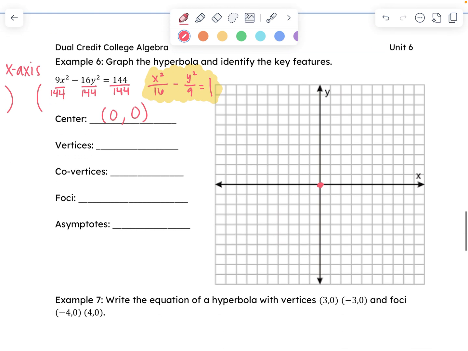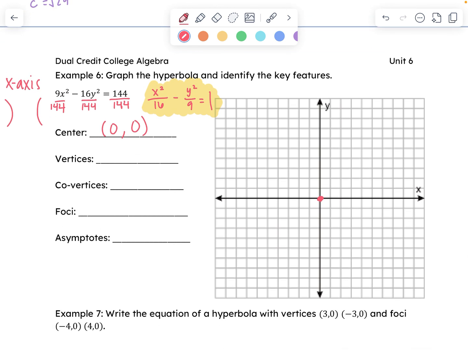Nice and pretty. My vertices are going to come from that 16. So the square root of 16 is 4. So that 4 is going to be added or subtracted from the x value, which when it's 0, that makes it really easy. -4, 0, and +4, 0.